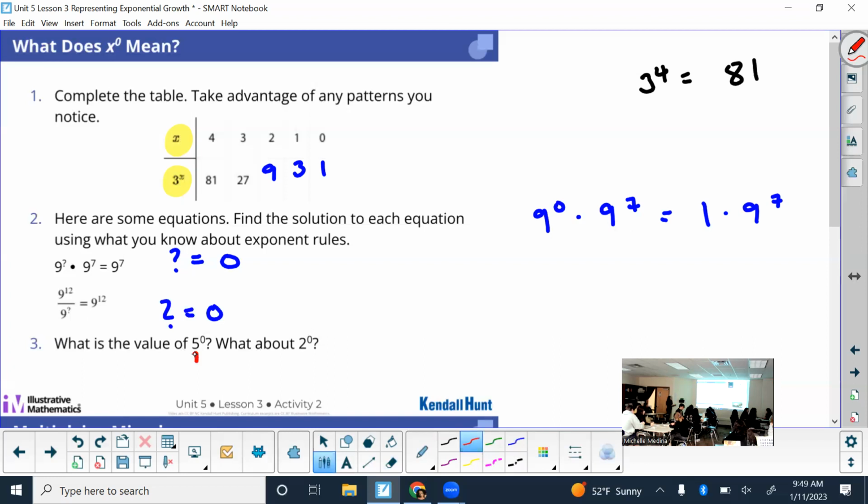All right, these I hope are easy. Let's see. Table 8, what's 5 to the 0 power? It is. Did you say 5?